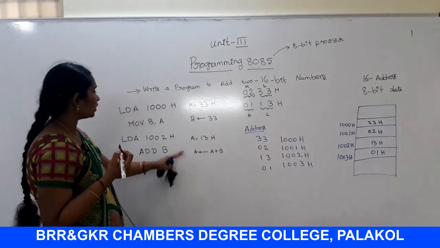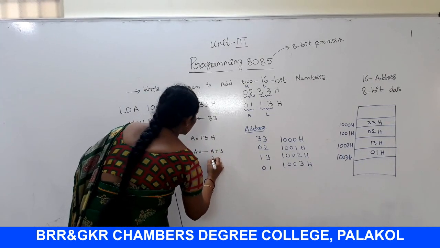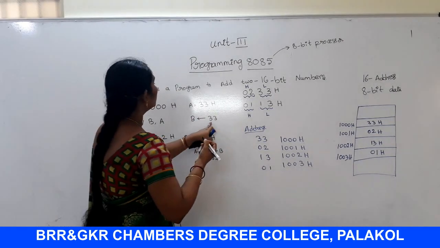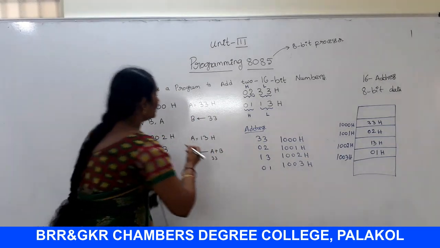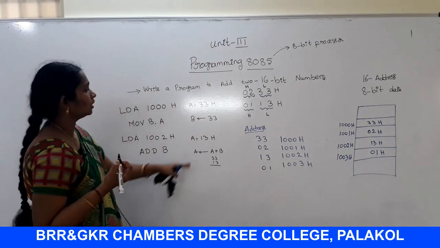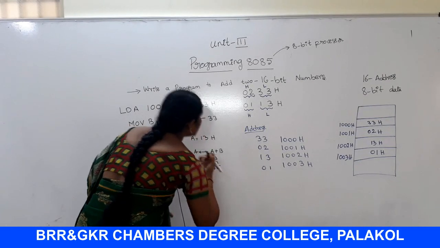So what is the operation here? B has 33 and A has 13. What is the total? This is 46 here.